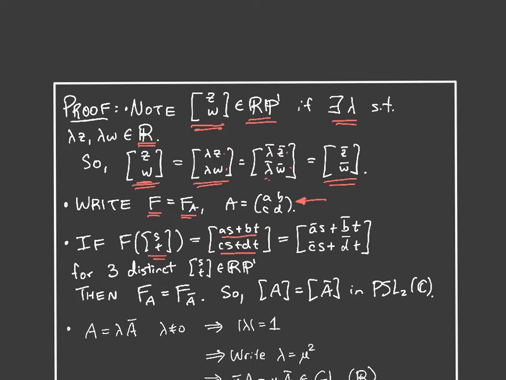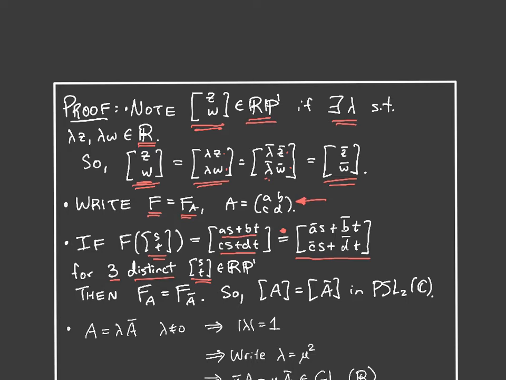And now if this happens to be in RP1, then it'll equal its conjugate if I take the conjugates of the entries. So what I'm saying here is if I have (S, T) in RP1 and F maps it to something in RP1, then I get this relation here. And I'm assuming in the theorem statement that I have this for 3 distinct points in RP1.